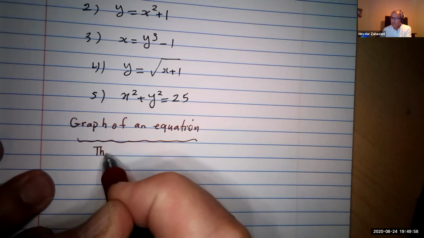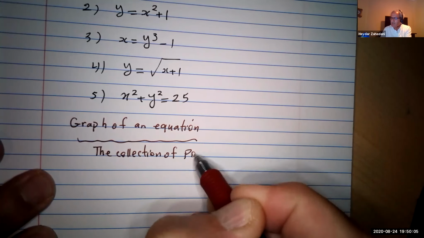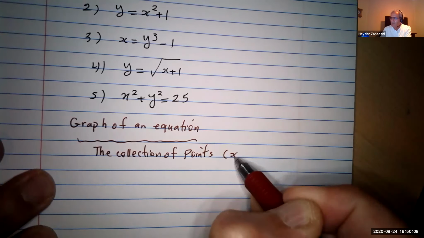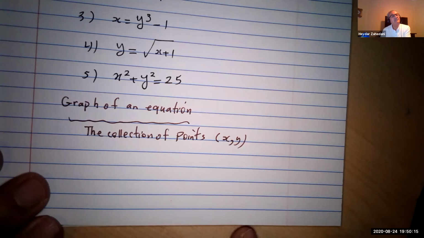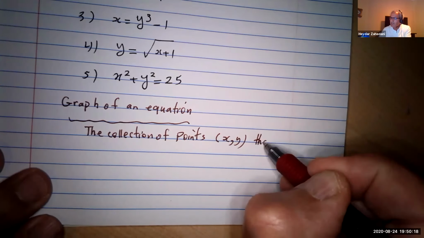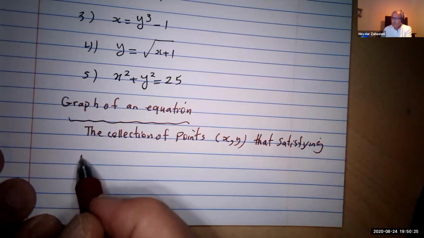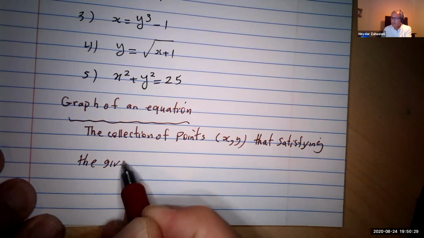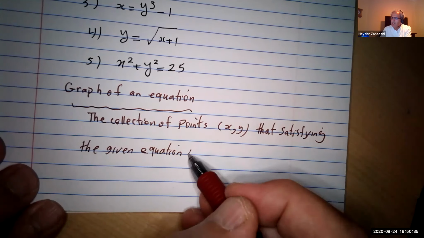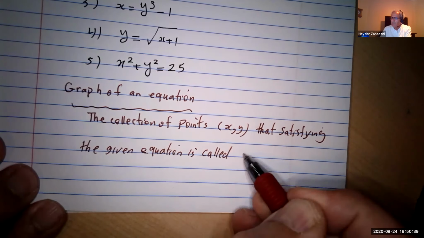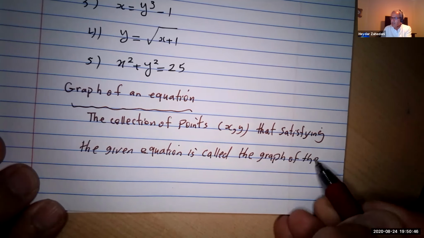So the collection of points (x, y), and we assume that we are familiar with the x, y coordinates, of course, the collection of points (x, y) satisfying the given equation is called the graph of the equation.